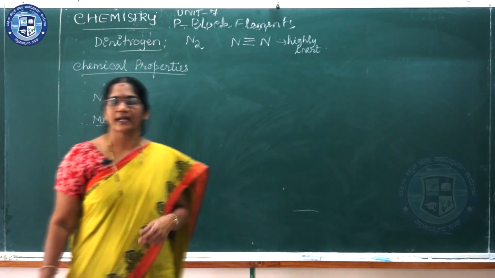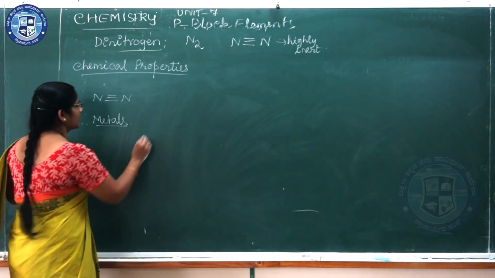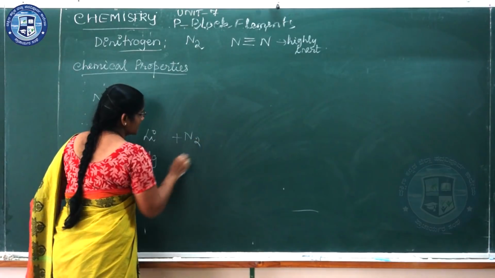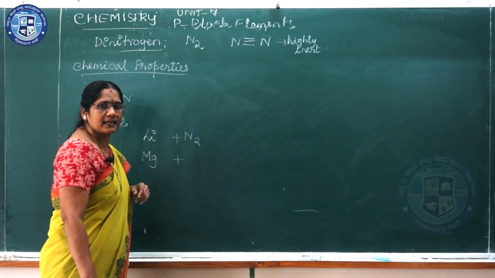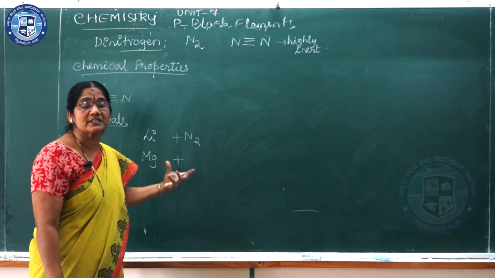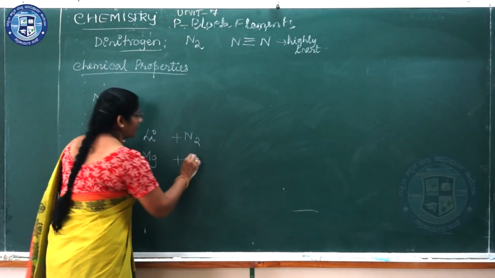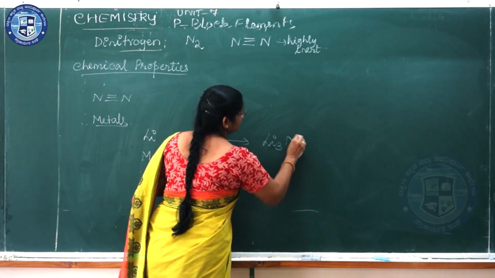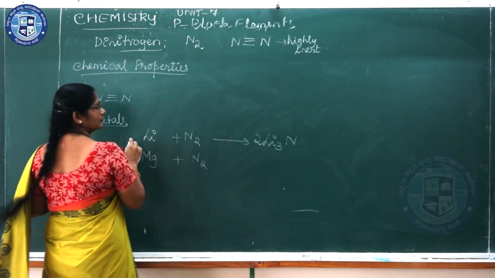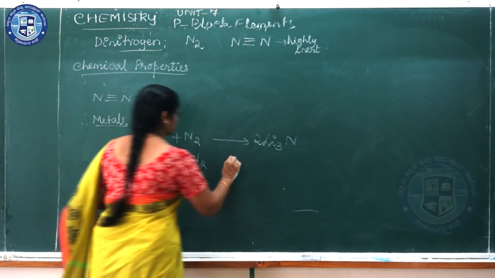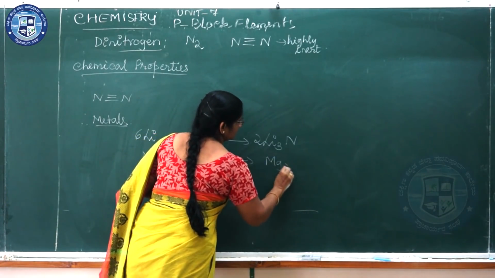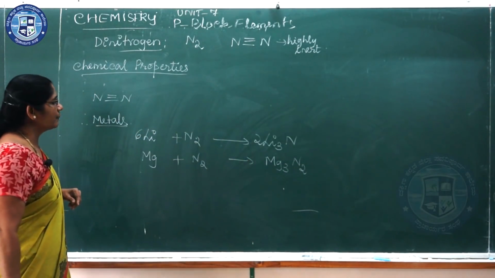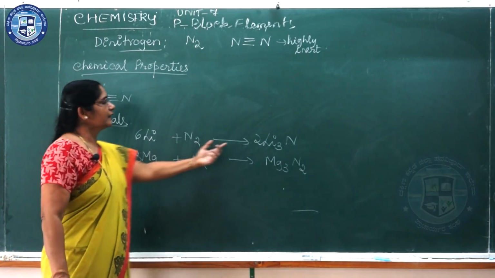How does nitrogen react with the metals? With metals like lithium or magnesium, when nitrogen is added, lithium gives a very quick reaction because it is the nature of lithium, which is a very good reducing agent, or magnesium on heating, and we get magnesium nitride and lithium nitride.